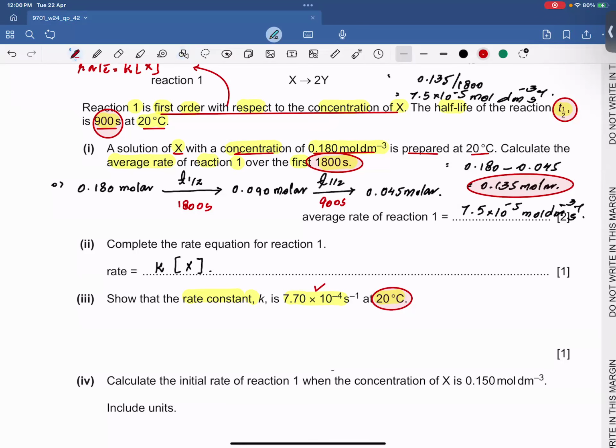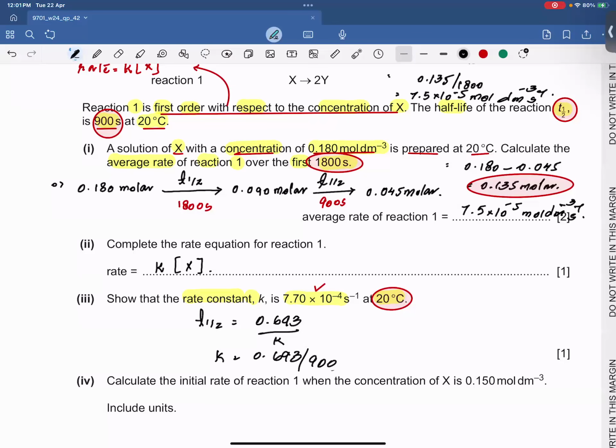Since it is a first order reaction, I'm going to use T half equals 0.693 over K. I need to find the value of K, so I'll use K equals 0.693 divided by T half.